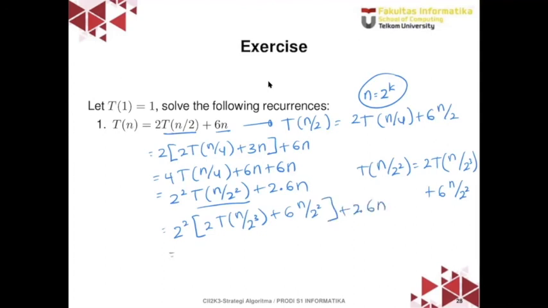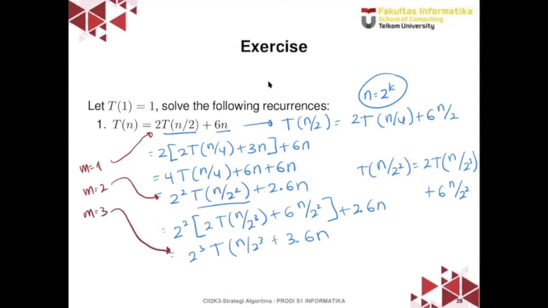And this is equal to 2^3 T(n/2^3) plus 3 times 6n. So we can consider m equals 1, and we have this. We can consider m equals 2, and we have this one. And when m equals 3, we have this one.